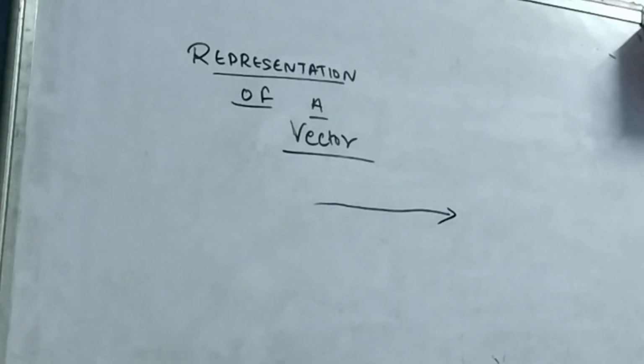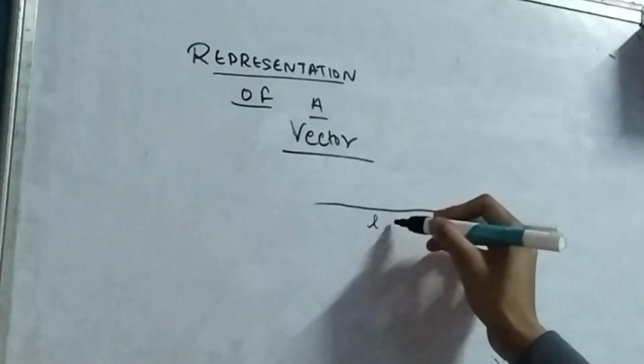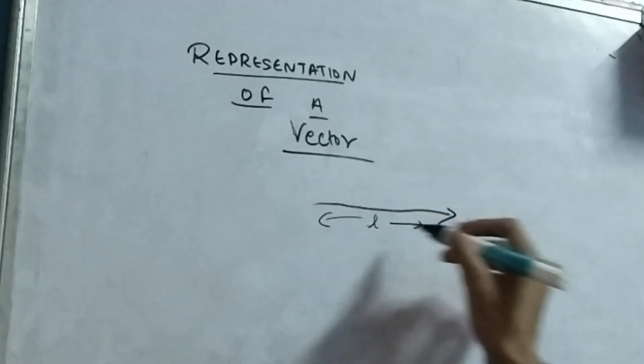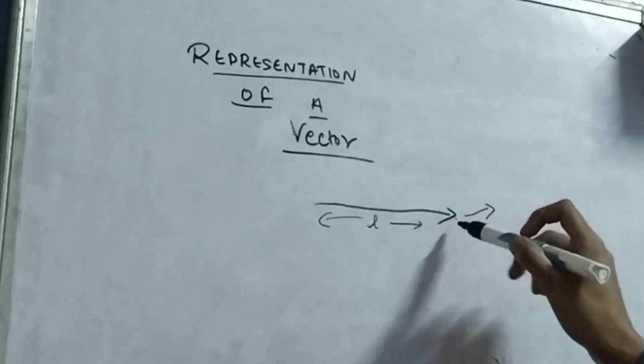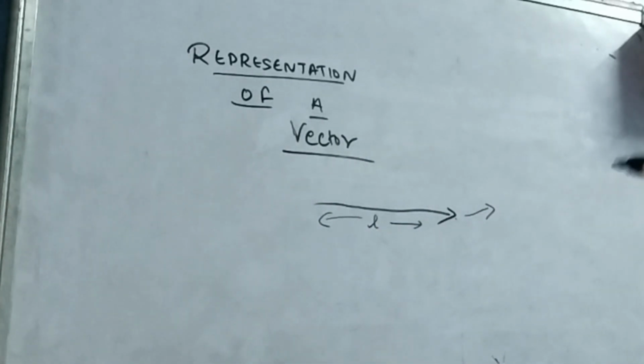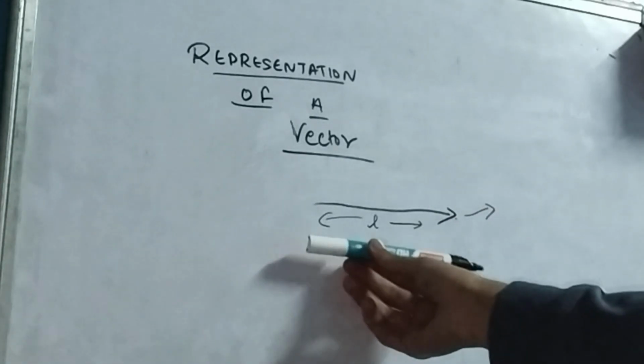So this is L and this is the head of an arrow, no? So we know the head of the arrow is heading somewhere. So it's heading towards here.